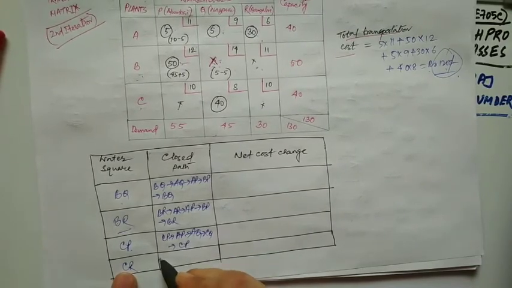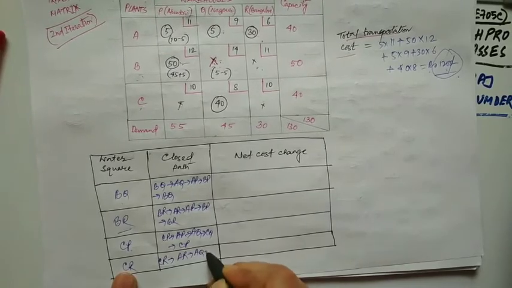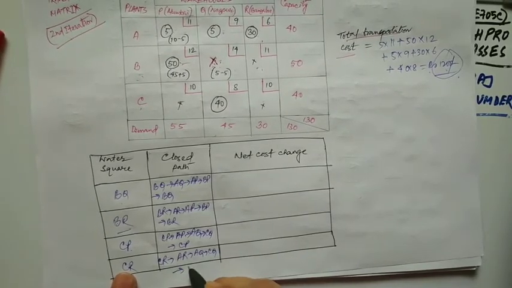For CR we have CR, AR, AQ, CQ, and then CR.